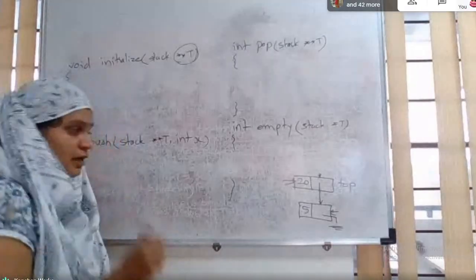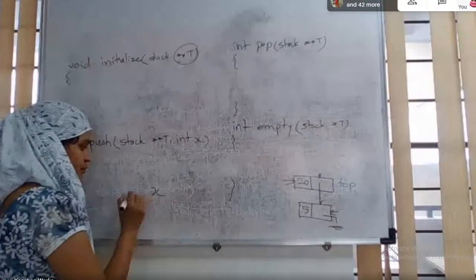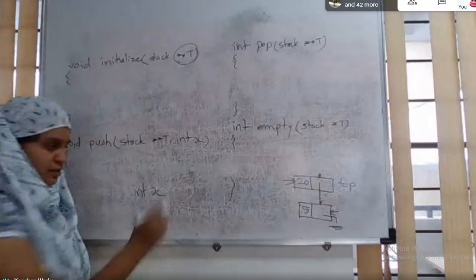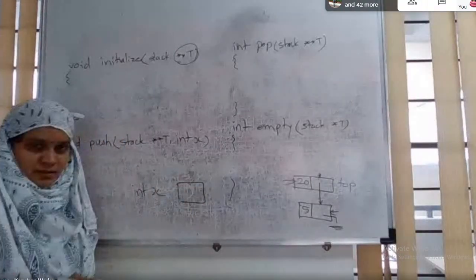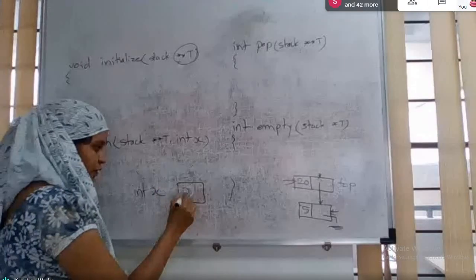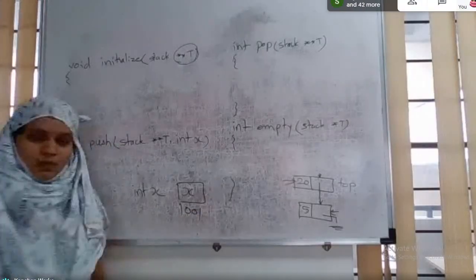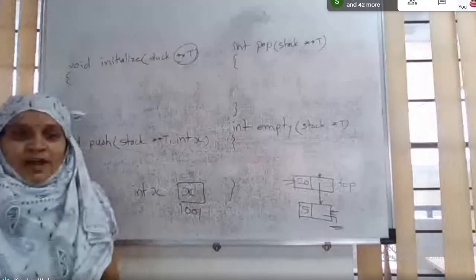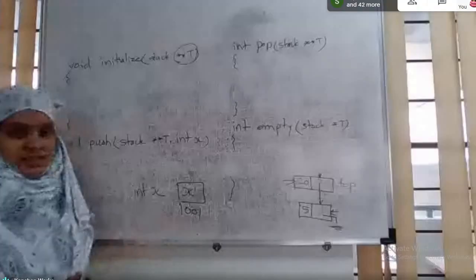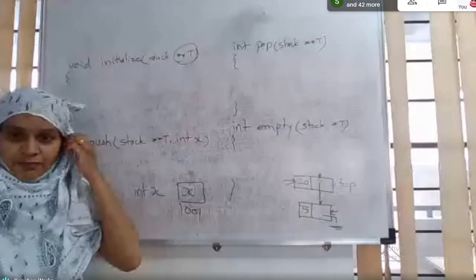For example, let me give an example. My variable is int x. So this is the memory where I am going to store variable x. Its address is 1001.